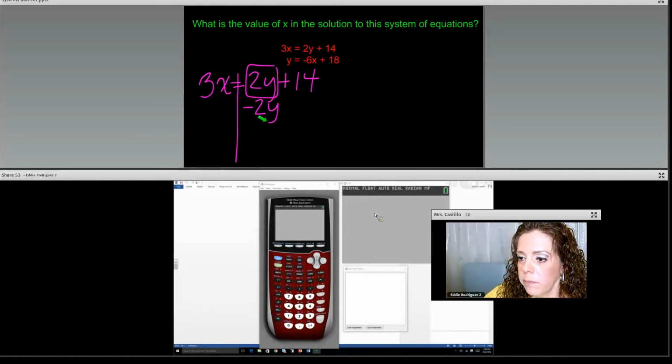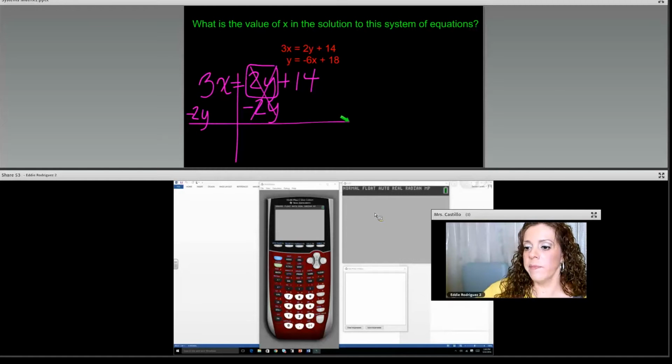And remember, the x value is going to go first, just like our standard form of our linear equation. So it's 3x minus 2y equals 14.